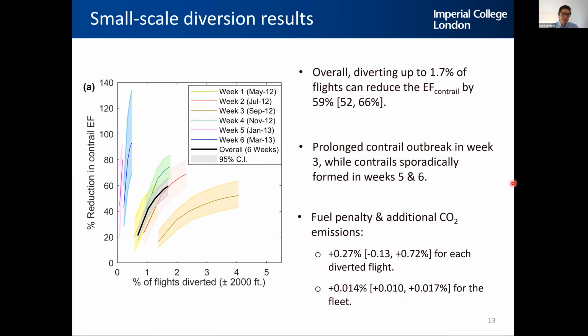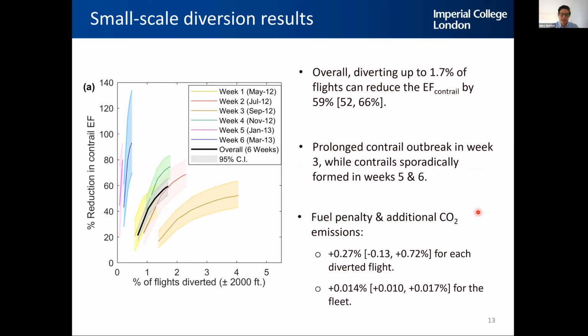If we do that, we find that diverting up to 1.7% of flights reduces the warming effect of contrails, or this energy forcing from contrails, by about 60%. The overall result is in the black, and the result for the 6 different weeks of data that we have is in these different colors. So it is sensitive to different weeks.